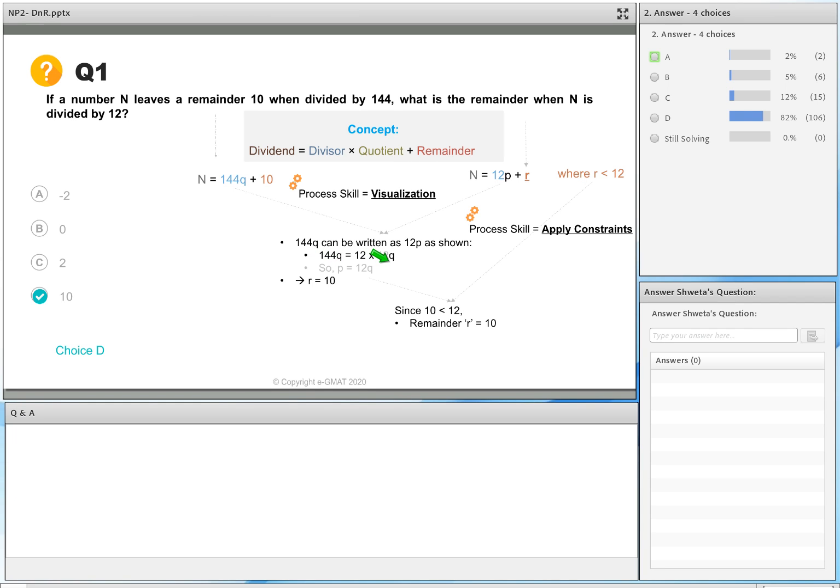Now this 12q will become the p that I want here in the second equation. So if I use this, I can just write n is equal to 12p plus how much? This 10. I'm not changing anything else, right? It's the same first equation that I'm using to re-express 144 as 12 times something. So the remainder that I get is r, which since it is less than 12, I am done.